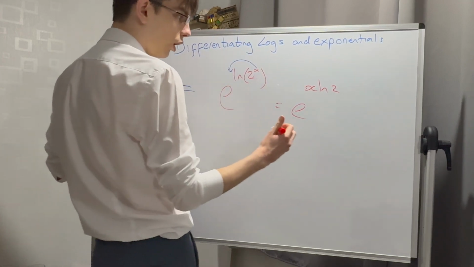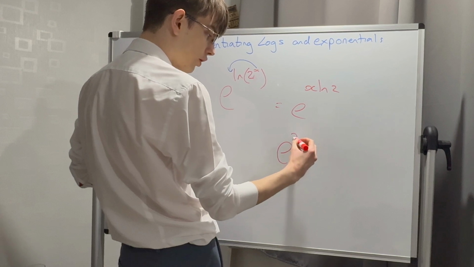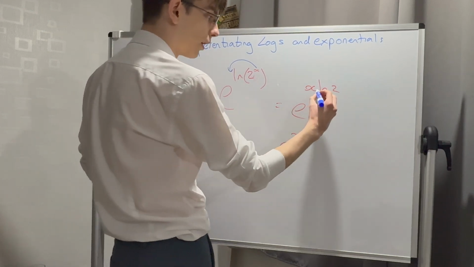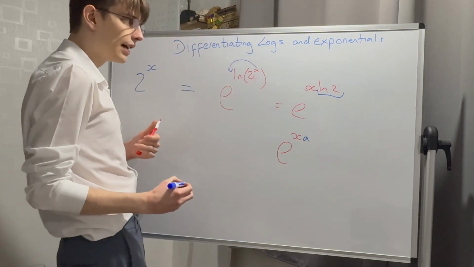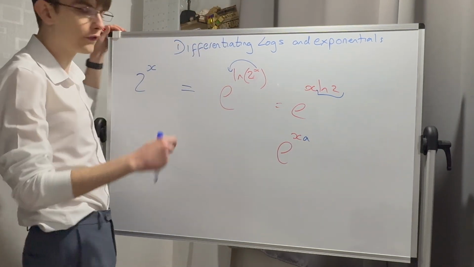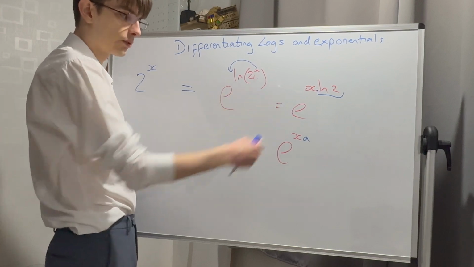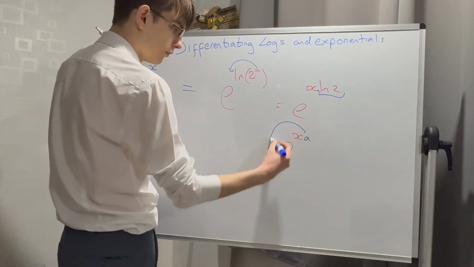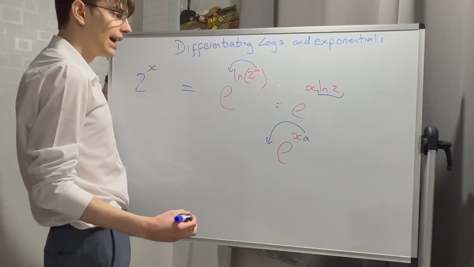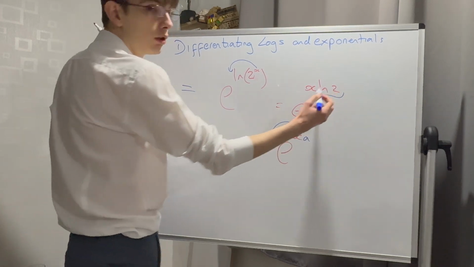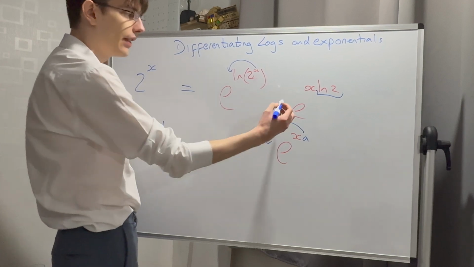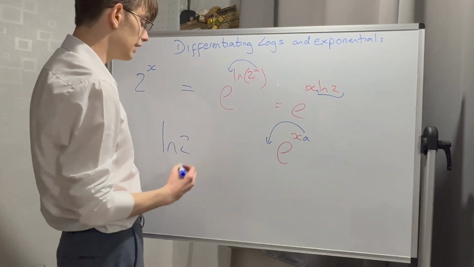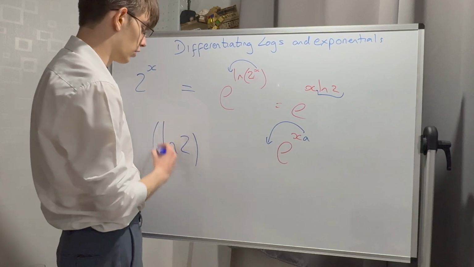And now I have got e to the x times by a number, let's say a. And I know that when I want to differentiate e to the x with a number next to it, that number just gets brought down. I end up with the number, which is ln 2, being brought down to the front, and then my whole e function being left after it.